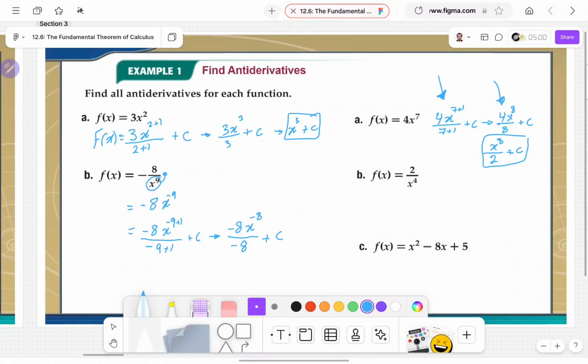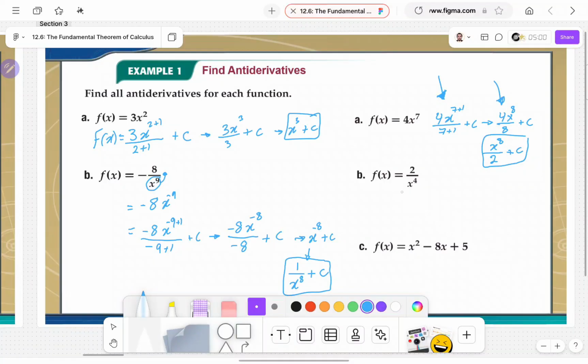Now negative 8 can cancel negative 8, so the final answer will be x to the power of negative 8 plus c. Now as you know, we don't like to see a negative power, so we take this one down. Okay, so how can I remove the negative power? So it will be 1 over x to the power of 8 plus c. So this is the final answer.